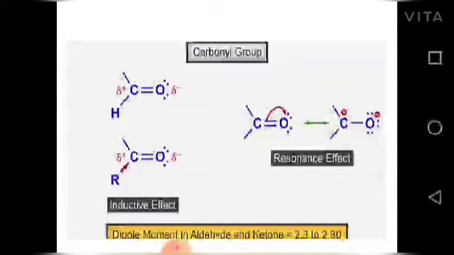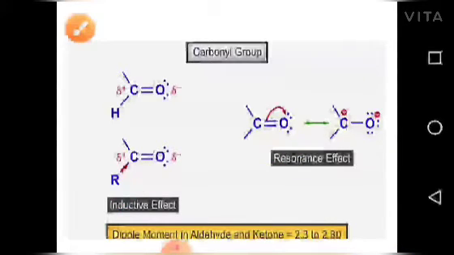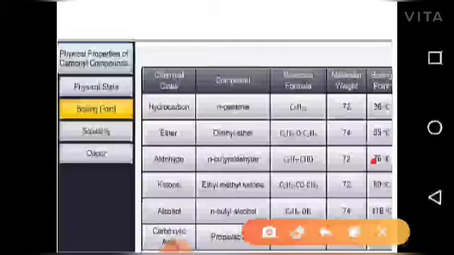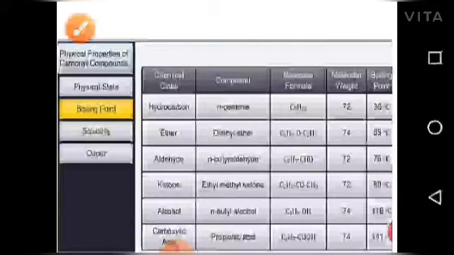You can see here the carbon atom has a partial positive charge and the oxygen atom has a partial negative charge, thus making the carbonyl a polar group with a dipole moment value of 2.3 to 2.8 D units. You can see below the dipole moment value of aldehyde and ketone, 2.3 to 2.8 D. However, the high value of dipole moment can be accounted for by both the resonance effect and the inductive effect.